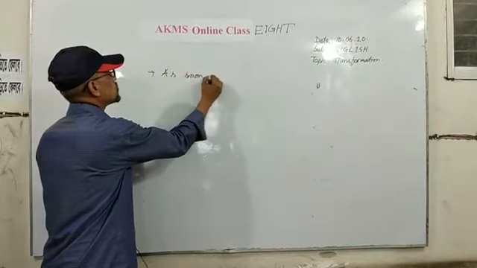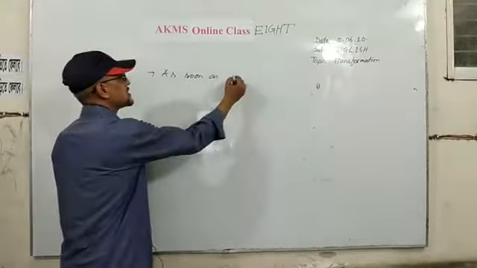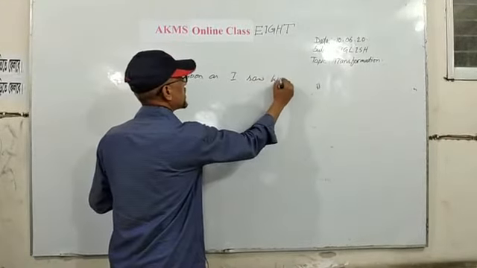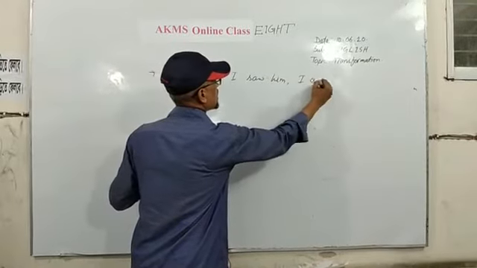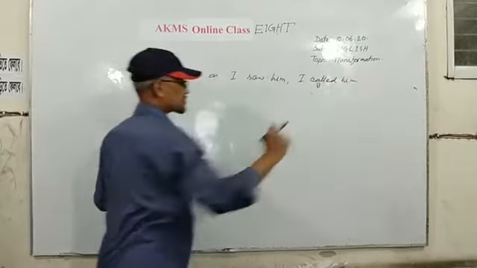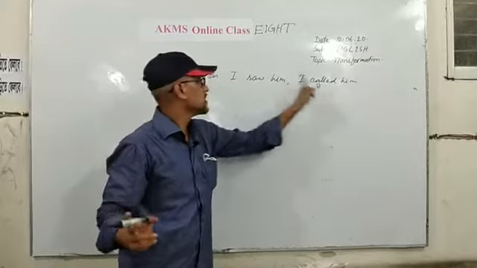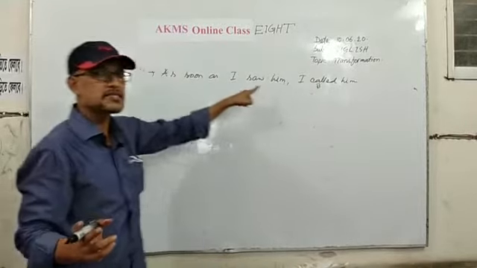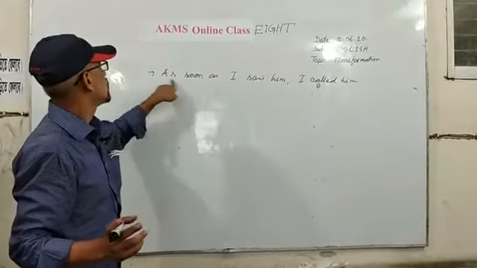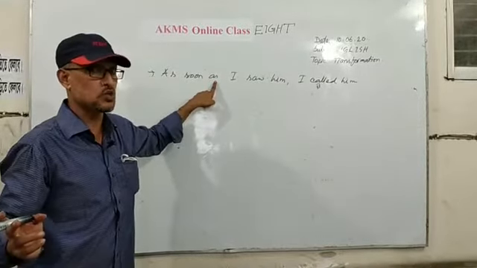As soon as I saw him, I called him. There are two clauses: I saw him, I called him. These two clauses have been joined with the use of "as soon as".